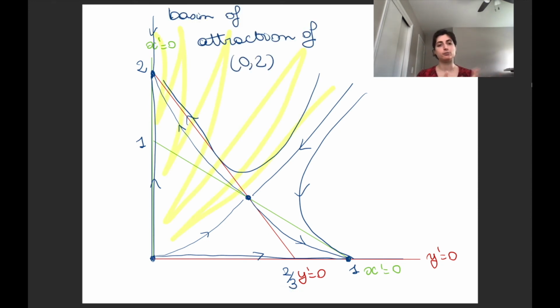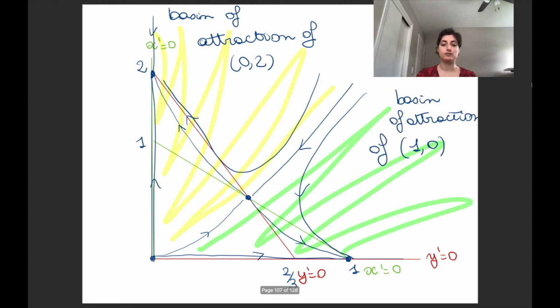And we can talk about basins of attraction. So (0, 2) is a stable node and has a basin of attraction that is roughly all this area that I drew in yellow. In the same way, (1, 0) has a basin of attraction that is roughly the area I drew in green. And in the middle, we have a separatrix.